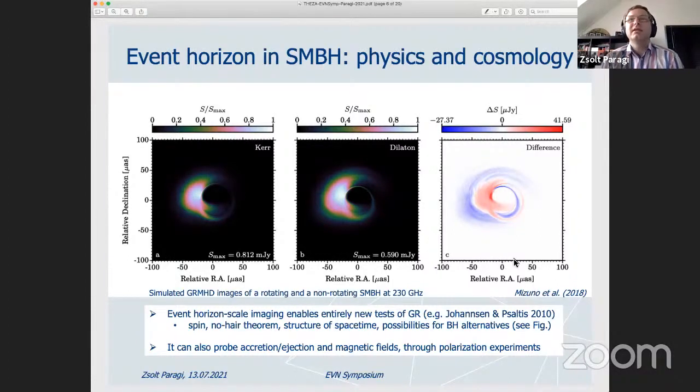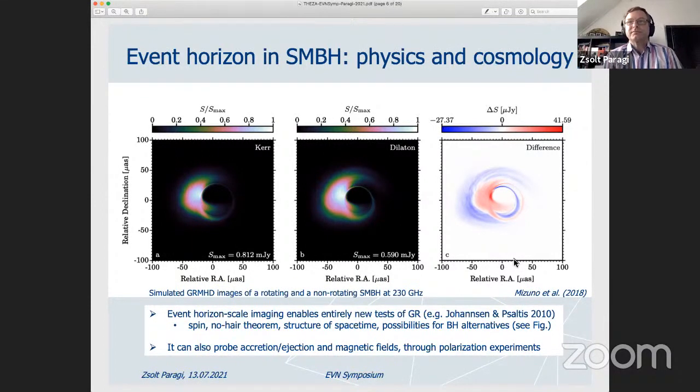So this really exists, and this opens up an exciting new field for studies. With the current EHT, you can study only 2 black holes, M87 and the galactic center, and we are waiting for those very exciting results.